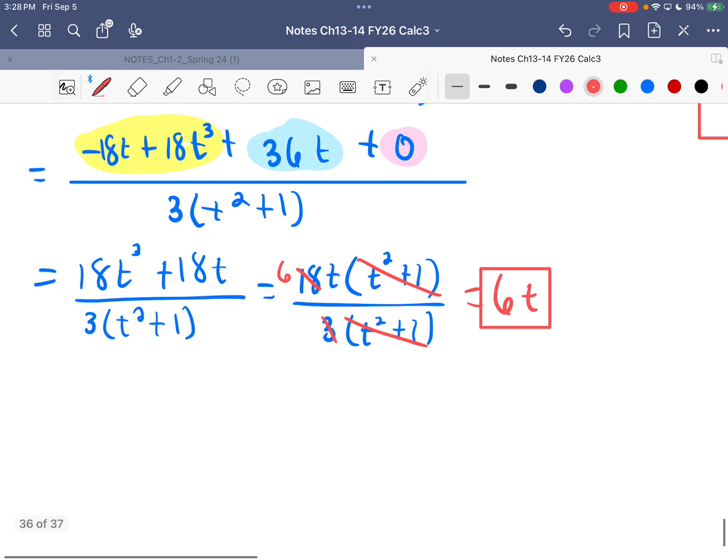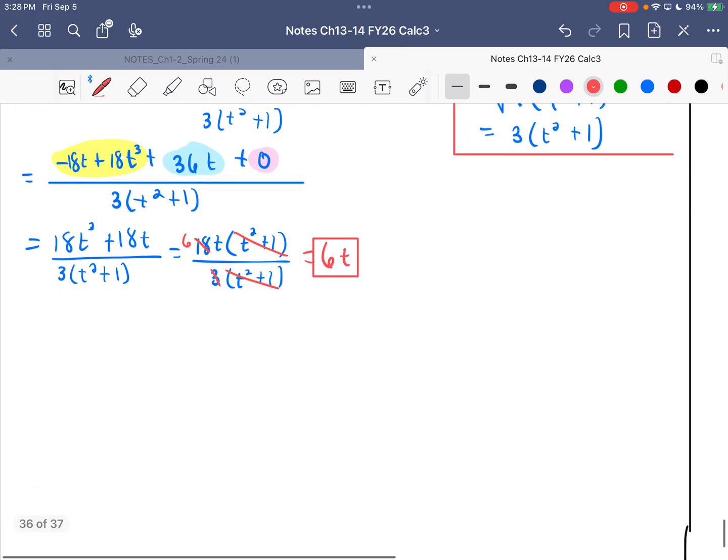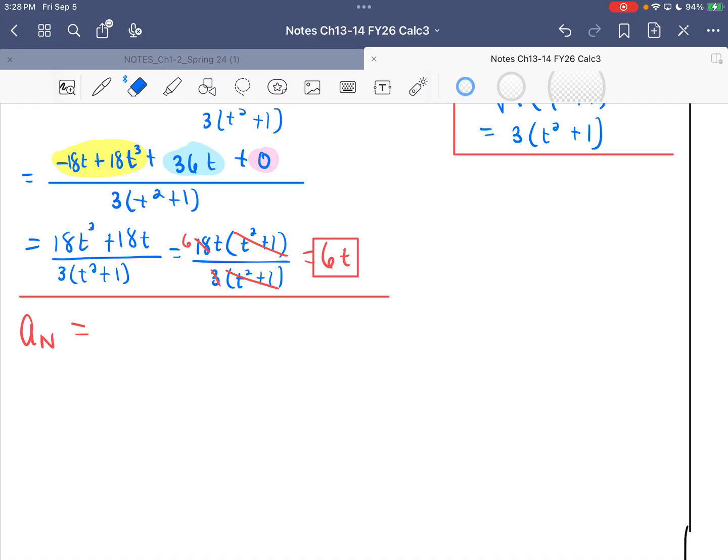Now let's get our normal acceleration component. So we need the cross product between these. So first let's do, instead of AN, the cross product between R prime and R double prime.